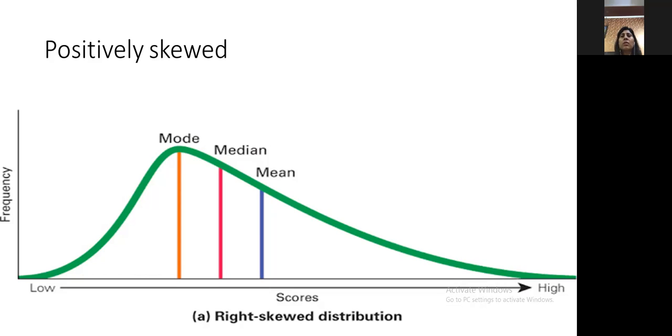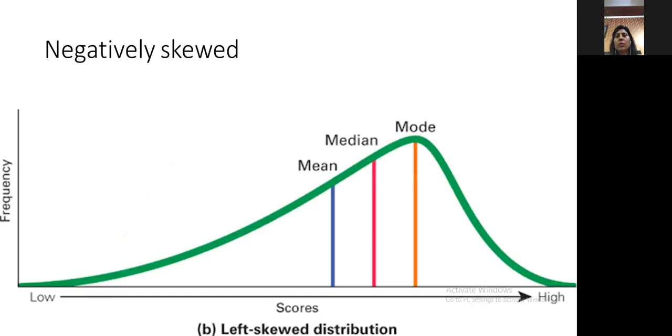So this is a positively skewed curve, where the value of the mean is greater than the value of the median and mode. This is a right skewed distribution, or we can say a positively skewed distribution. This is the form of a positively skewed distribution.